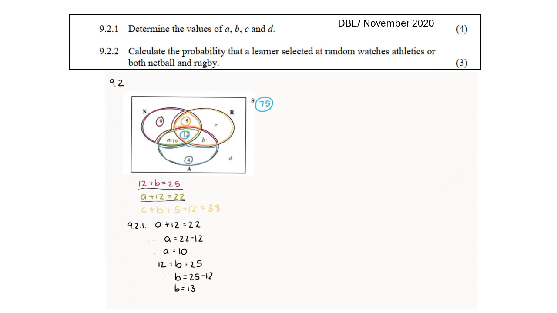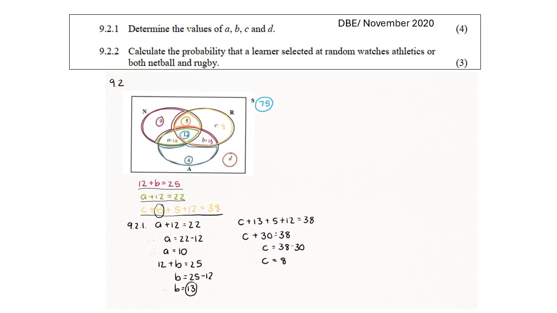Now that we have the values for A and B, we can determine the value for C. We use the equation C plus B plus 5 plus 12 equals 38. We know that the value of B is 13, so C plus 13 plus 5 plus 12 is equal to 38. Then C is going to be equal to 38 minus 13 minus 5 minus 12. And therefore, the value for C is equal to 8.